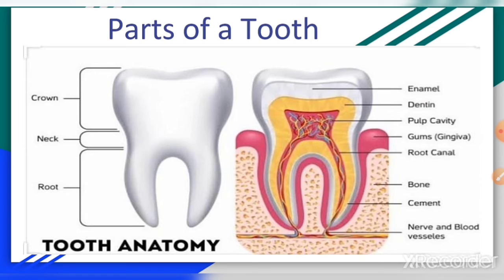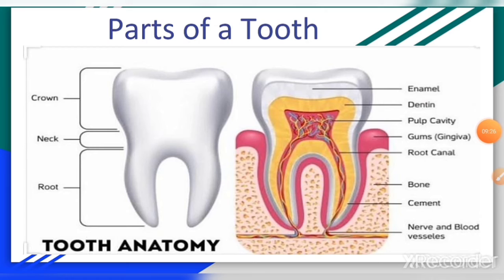The crown is the part we see, whereas the root is the part inside the gums. Gums hold the teeth in their places. The white part on the outside of a tooth is called the enamel. It is the hardest substance in the human body. Below the enamel lies the hard dentine.